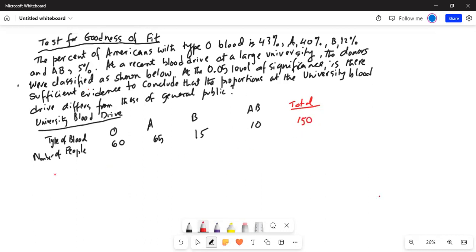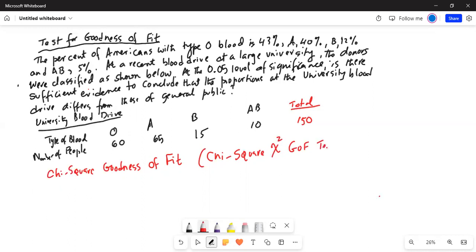So we are going to use the chi-square goodness of fit test. Sometimes called chi-square. Although it is written as CHI, it's not pronounced as chi, it is chi-square, which is written like this, GOF test, goodness of fit test.